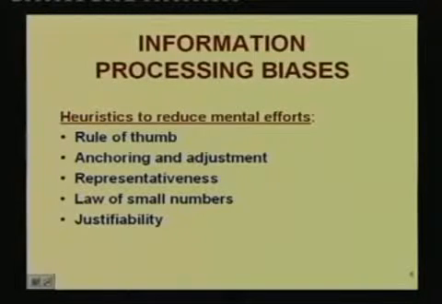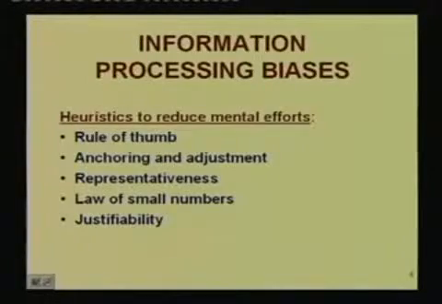Then, heuristics to reduce mental effort. There are certain heuristics like rule of thumb, anchoring and adjustment, representativeness, law of small numbers, and justifiability. These heuristics to reduce mental effort are very much present when people do information processing.